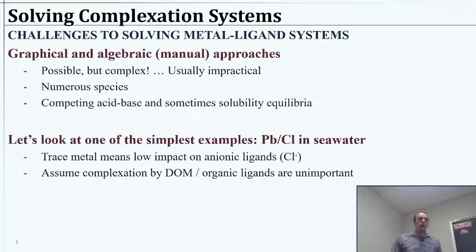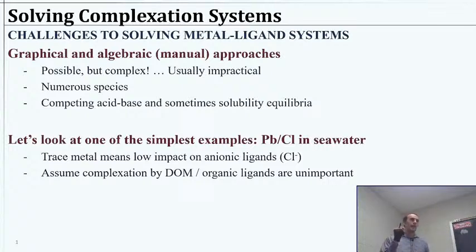So we have sometimes competing acid-base chemistry, and sometimes the solubility itself, that we're going to cover a little more of, can start to come into play. So in most cases, it gets too complicated to deal with. But I did want to look at one of the simpler cases.